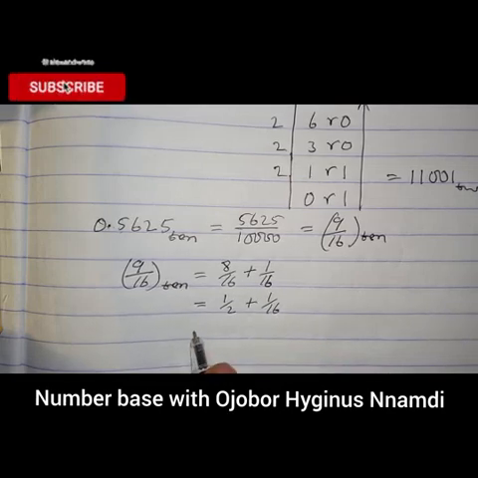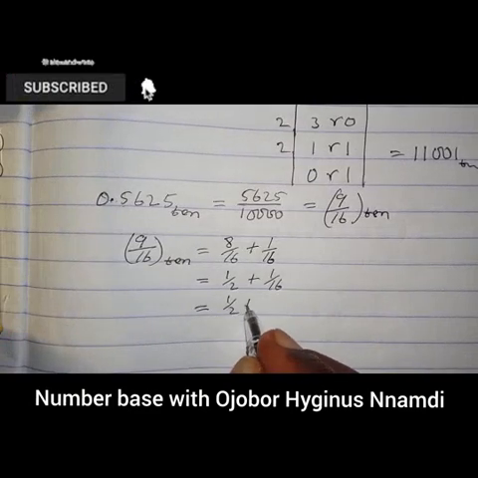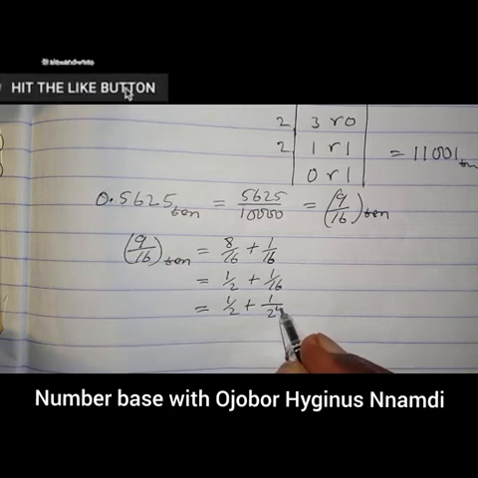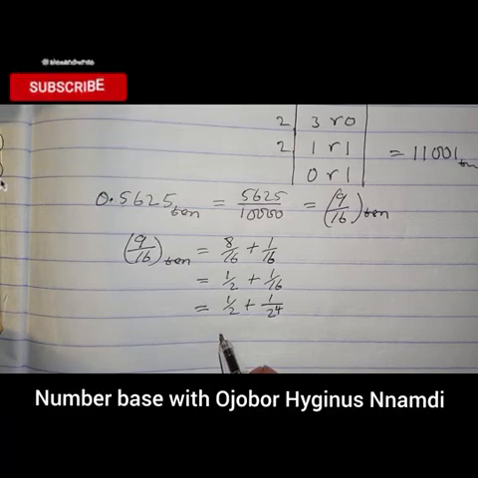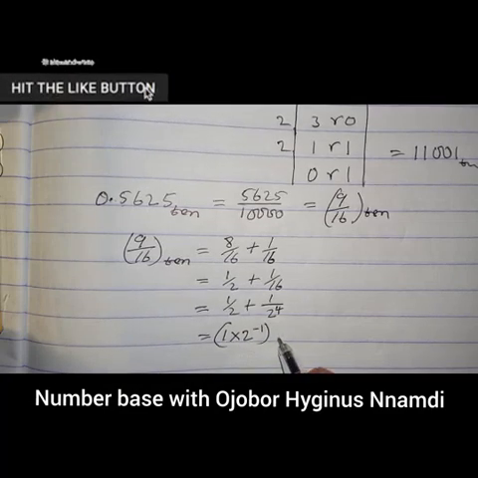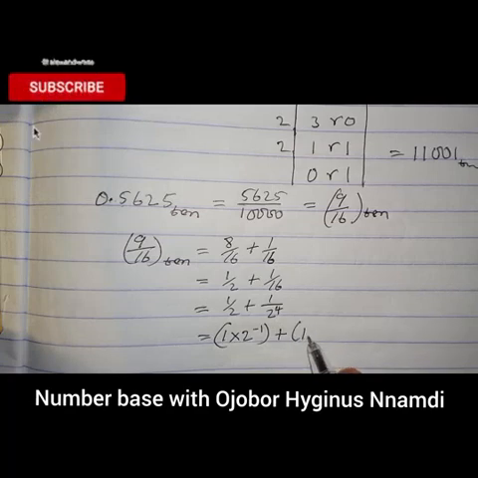And then in index form, 1 over 2 is 2 raised to power minus 1, and 1 over 16, 2 raised to power 4 is 16, so this is 2 raised to power minus 4. So this is now very technical. We can say 1 times 2 raised to power minus 1, and then 1 times 2 raised to power minus 4.